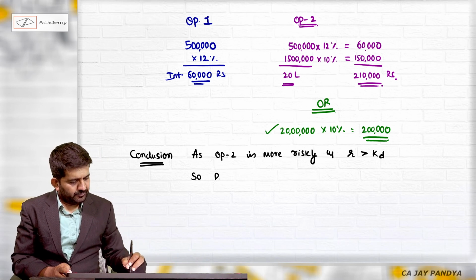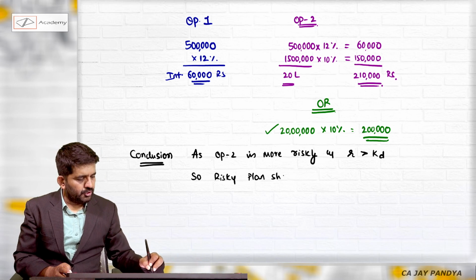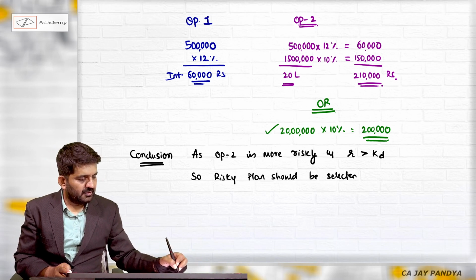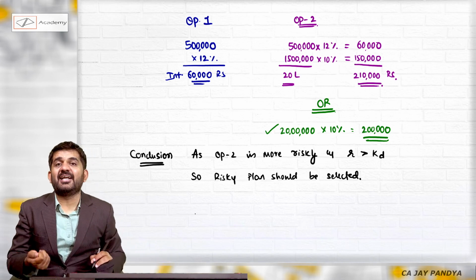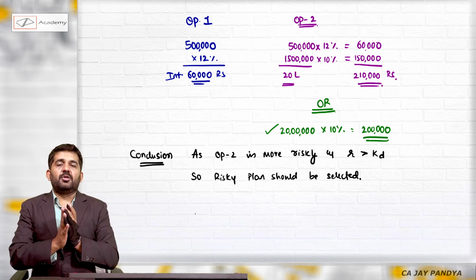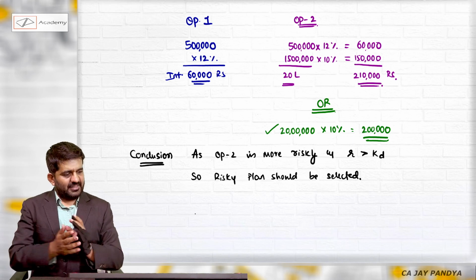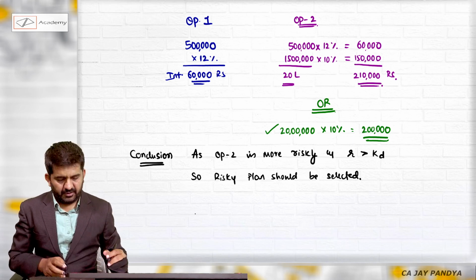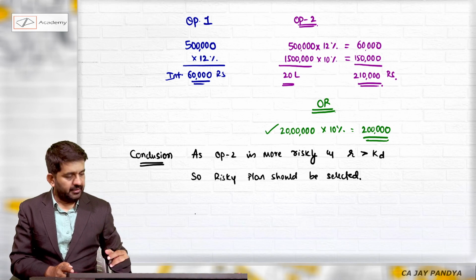So risky plan should be selected. Write down your understanding in your answer. It will always give you more marks as compared to other students. It will create a very good impression in the eyes of the examiner or paper checker.